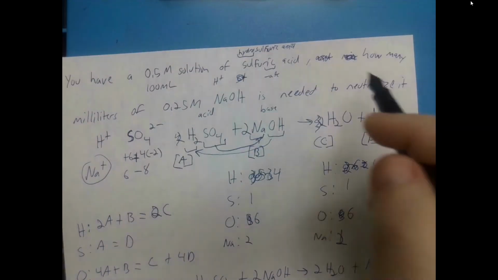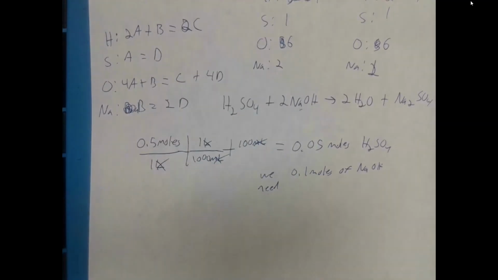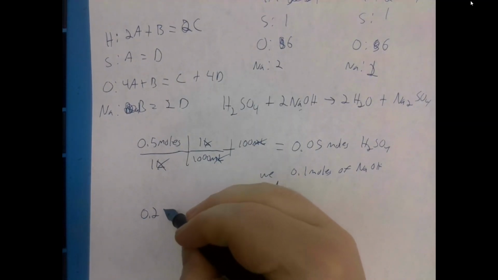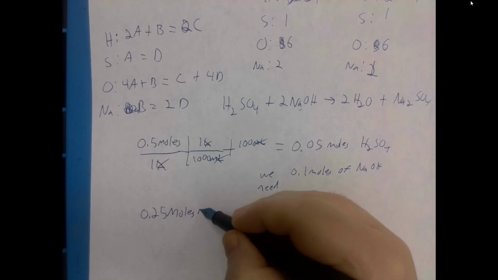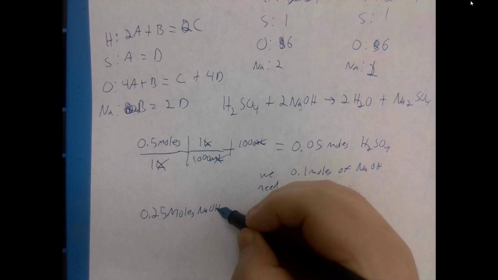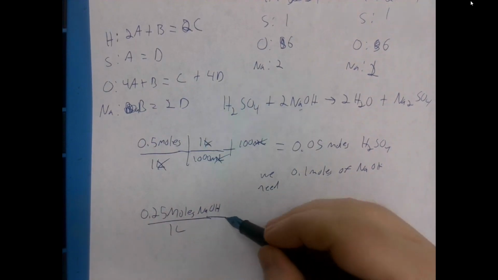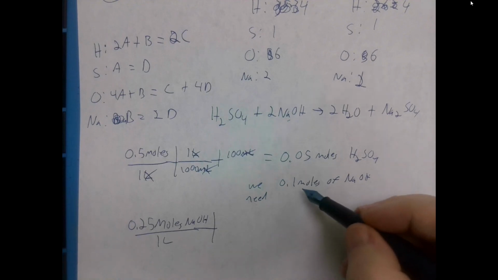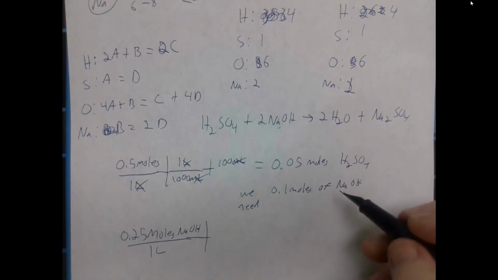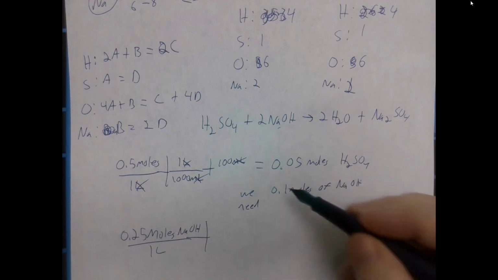But the question is asking how many milliliters. So we take the molarity of our NaOH. It's 0.25 moles NaOH per 1 liter. We know we need 0.1 moles.